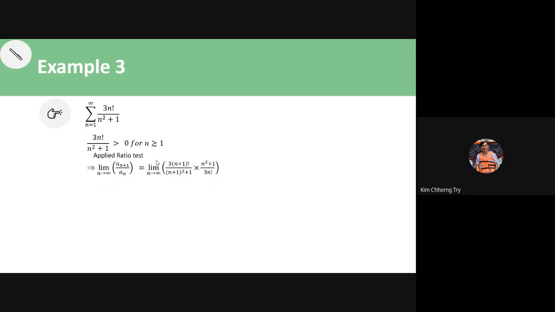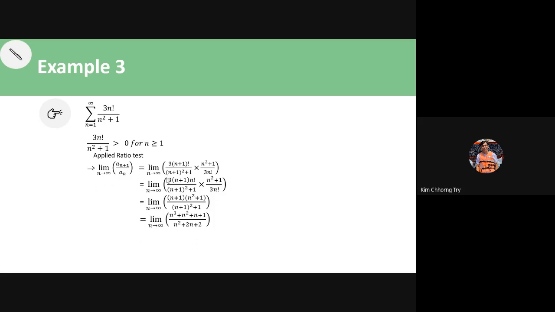We substitute the value of a sub n into the limit and calculate step by step, and we find that the degree of the numerator is greater than the degree of the denominator.